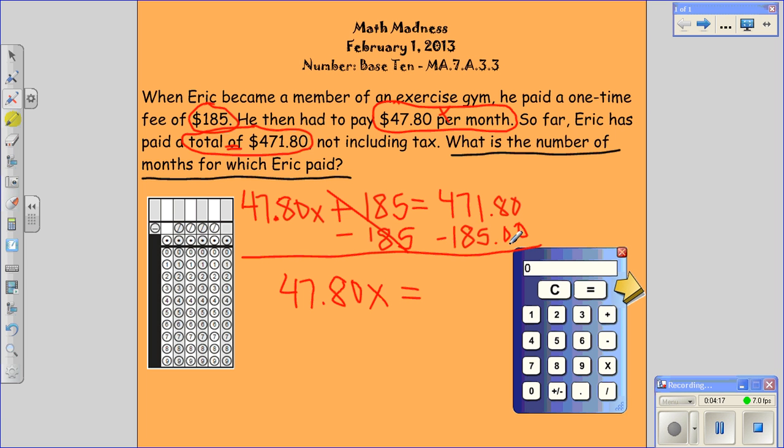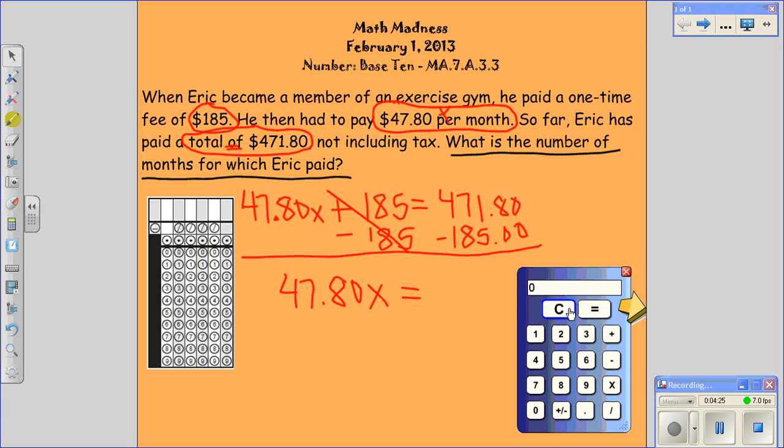Now over here, let's do the math. Since we are doing a 7th grade problem, 7th graders have the advantage, as well as 8th graders, to use calculators. Okay?